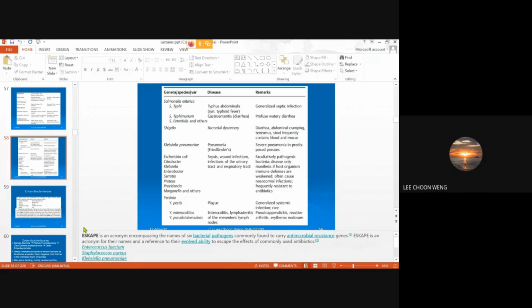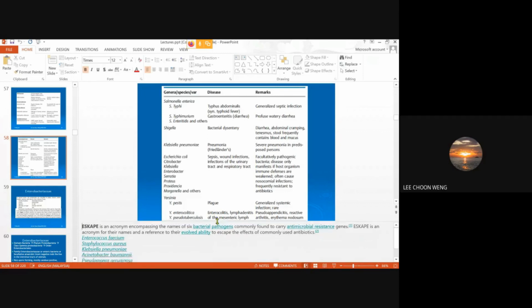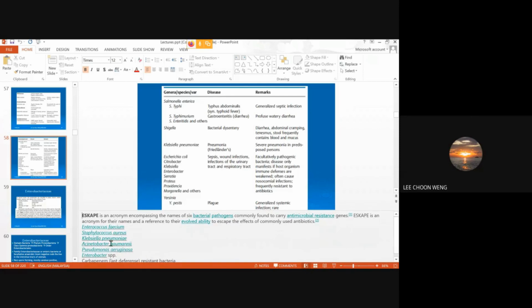Then we also have a group of bacteria, the ESKAPE. They are Enterococcus faecium, Staphylococcus aureus, Klebsiella pneumoniae, Acinetobacter baumannii, Pseudomonas aeruginosa, Enterobacter species.